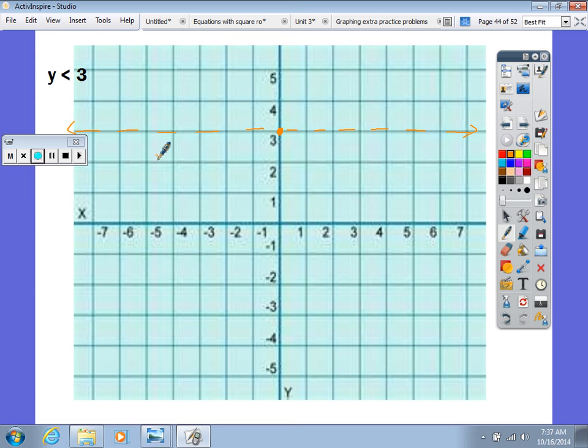And then I'm going to shade. Once again, this is where my y's continually get bigger. This is where my y's continually get smaller. So I want you to, well, not remember, but I want you to see that there's this half of the graph, and then there's this whole half of the graph. And we have to choose which half to shade.